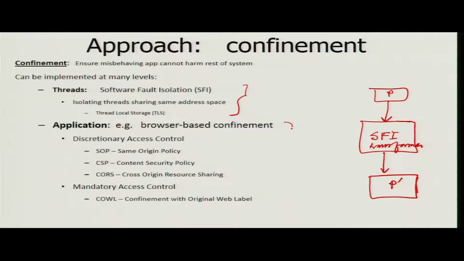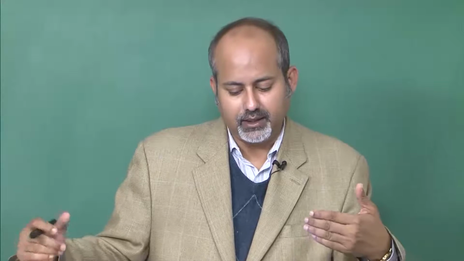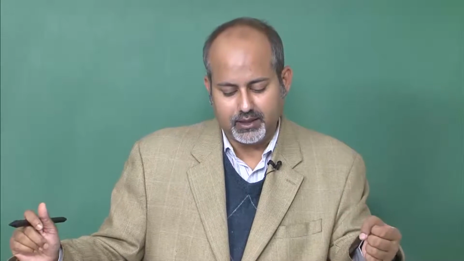Also in the browsers, where most of the time we run untrusted code because we are going to various websites, there is browser architecture based access control. These are based on the idea that if you are rendering a particular web page on your browser, you should not be accessing certain other websites' content in it unless certain permissions are relevant.